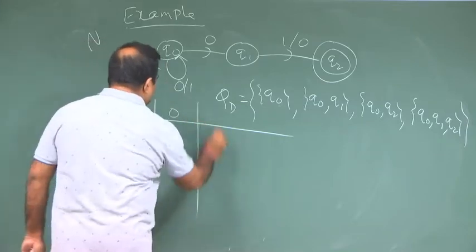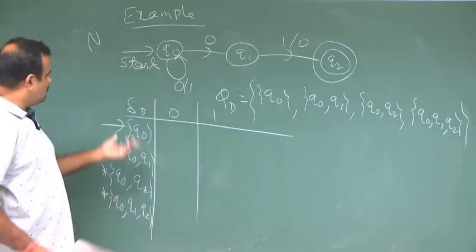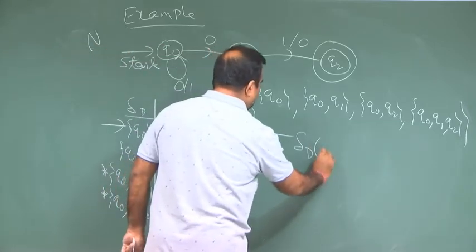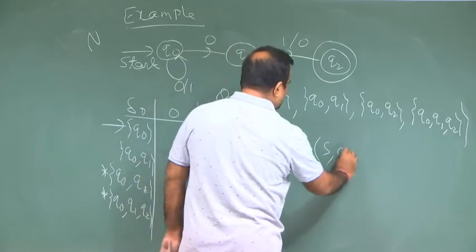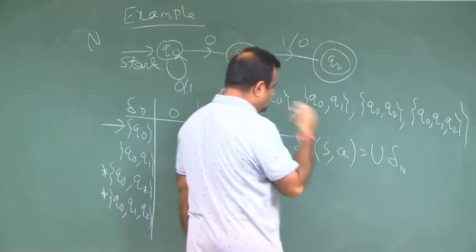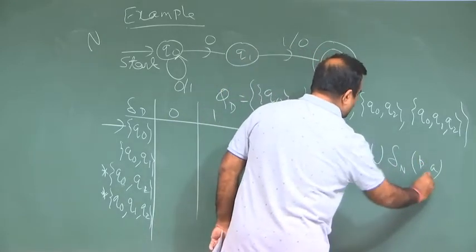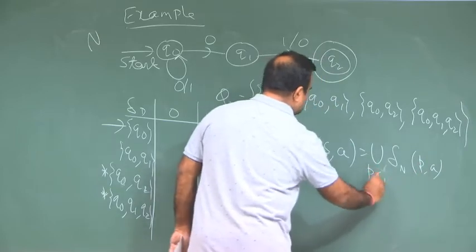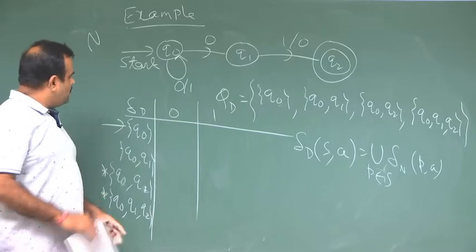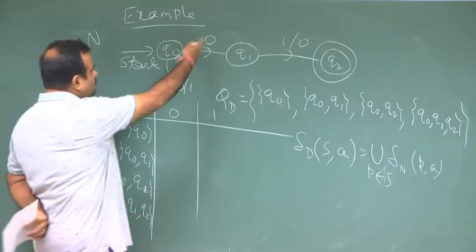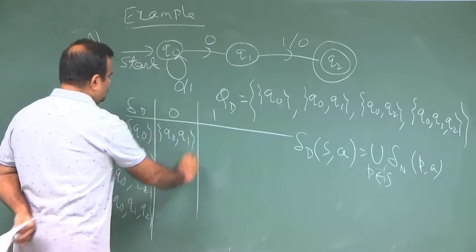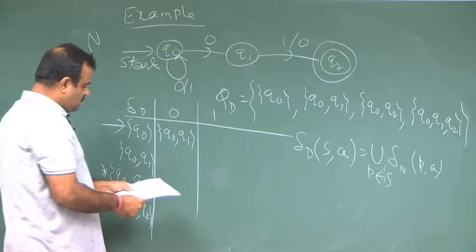Okay, now we put a 0, we put a 1. The rule is that delta D of S comma a is nothing but the union of delta of p comma a, where p is in S. So, from q0, with the 0 move we can go to q1 and q0.